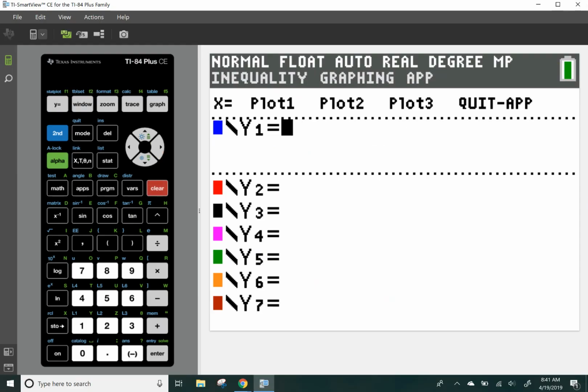Let's graph the function that was given to us: x to the 5th minus x to the 4th plus 10x to the 3rd. Oh, I did it again. Oh my gosh.